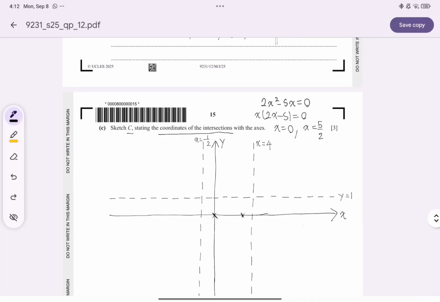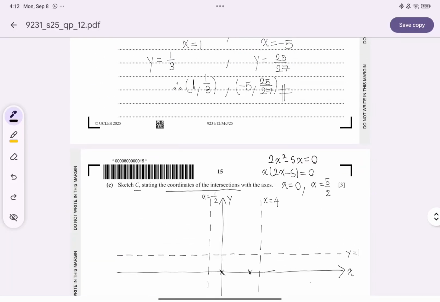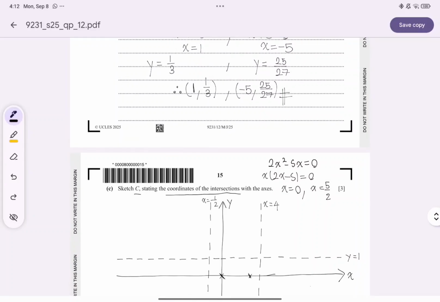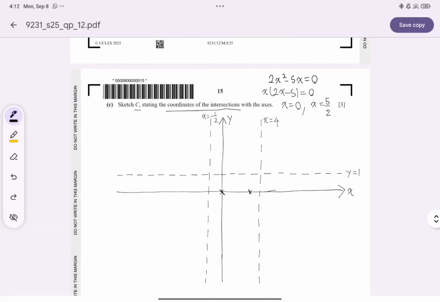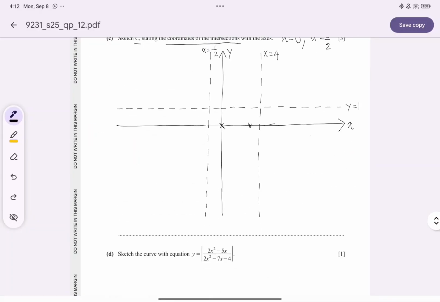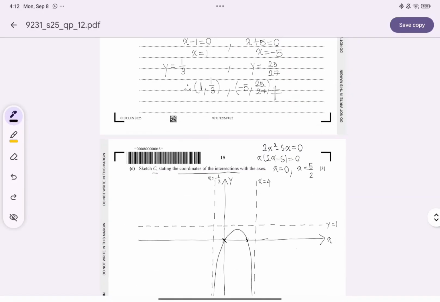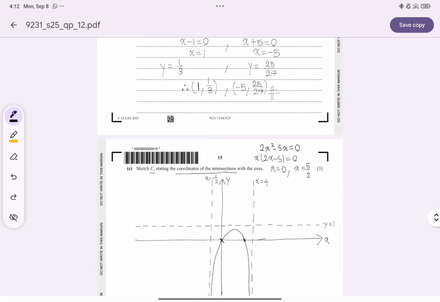Alright, so in order to do this, let's sketch the first branch. Okay, so the first branch would be between the vertical asymptotes, so somewhere here. Yeah, this is the first vertical asymptote.